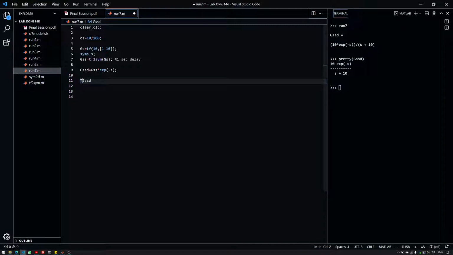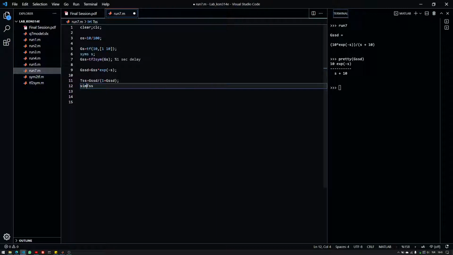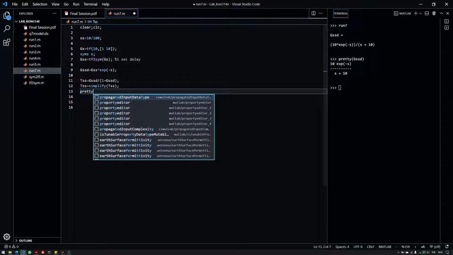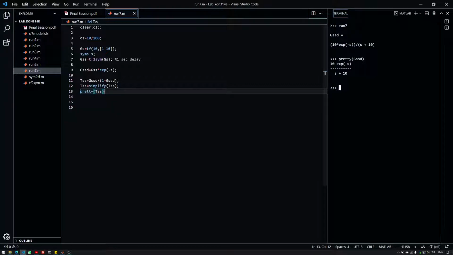Then the closed loop would be GSSD divided by 1 plus GSSD. Let's also simplify, and hopefully it will produce some nice results and prettify the output.